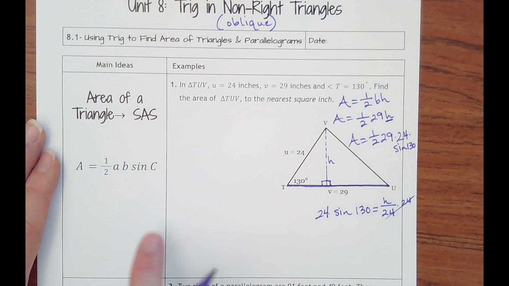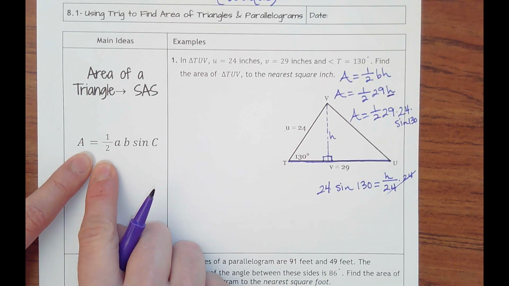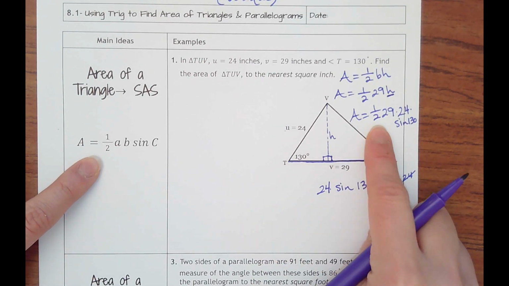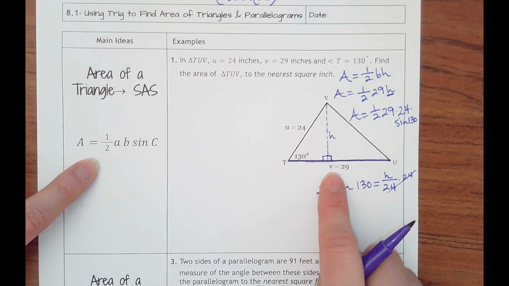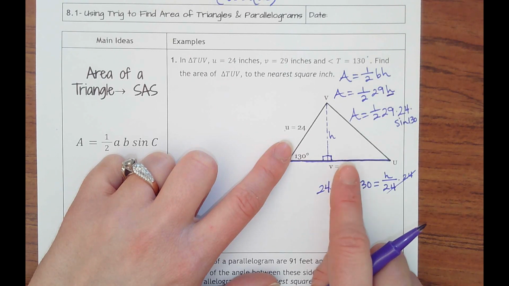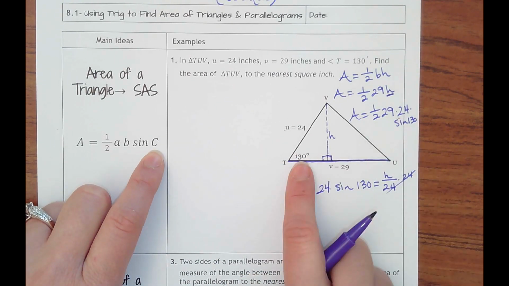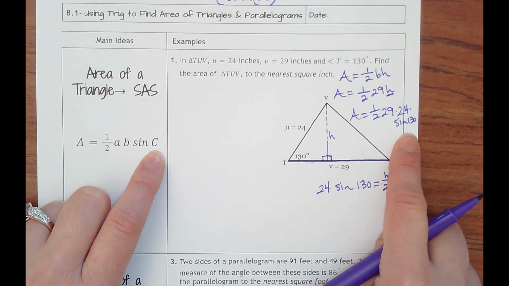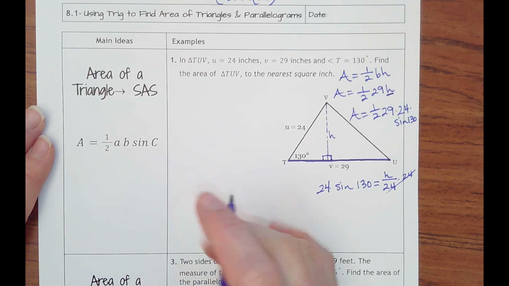So what they've done for you is created this quicker formula that says that area will equal 1/2, which we saw here, a times b, and little a and little b are your side lengths here and here. So see how we had 29 times 24 times sine of your angle C, and that was sine of 130. So instead of having to do this, we can just use the formula.